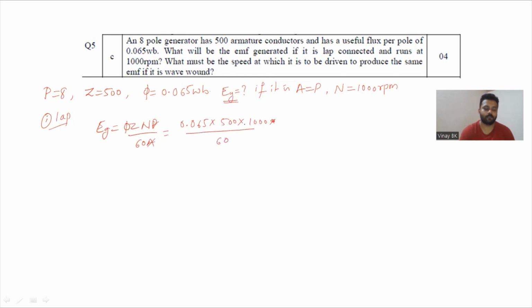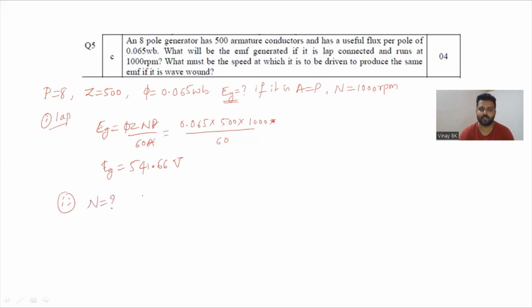So 0.065 into 500 into 1000 divided by 60 gives 541.66 volts.